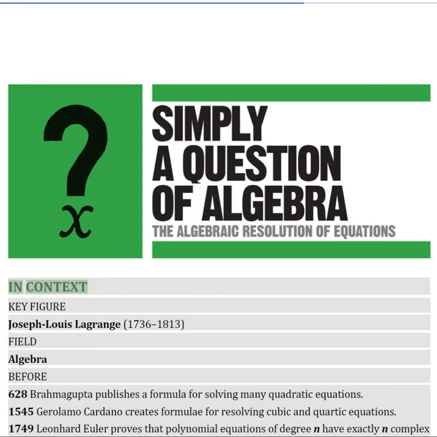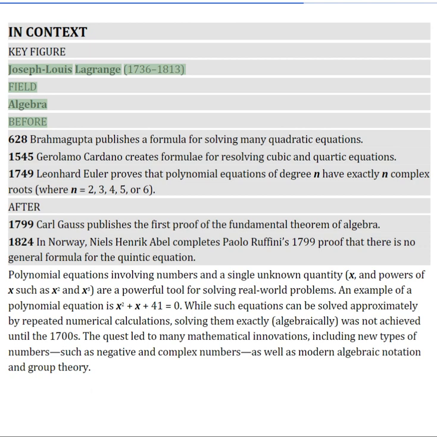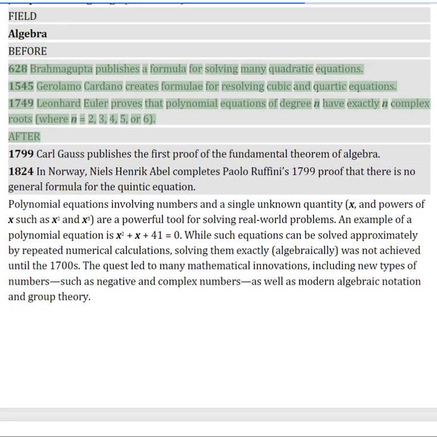In context. Key figure: Joseph Louis Lagrange. Field: algebra. Before: 628 Brahmagupta publishes a formula for solving many quadratic equations. 1545 Gerolamo Cardano creates formulae for resolving cubic and quartic equations. 1749 Leonhard Euler proves that polynomial equations of degree n have exactly n complex roots.